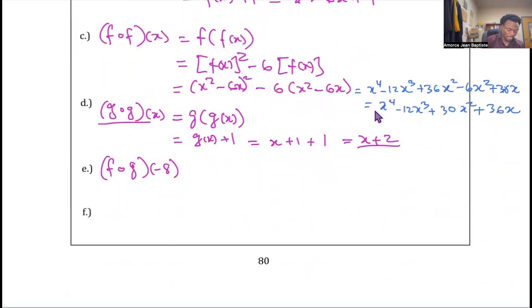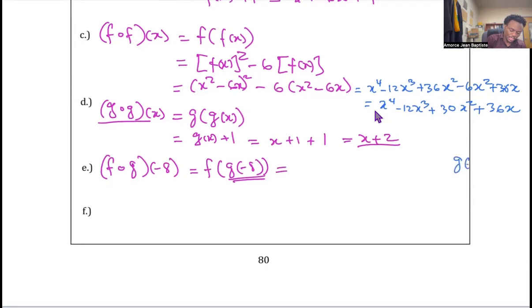Or you can just do f of g of negative 8. You will try to find g of negative 8 by plugging in negative 8 into g of x. Let me find it on the side here. G of negative 8 is negative 8 plus 1, which is negative 7.